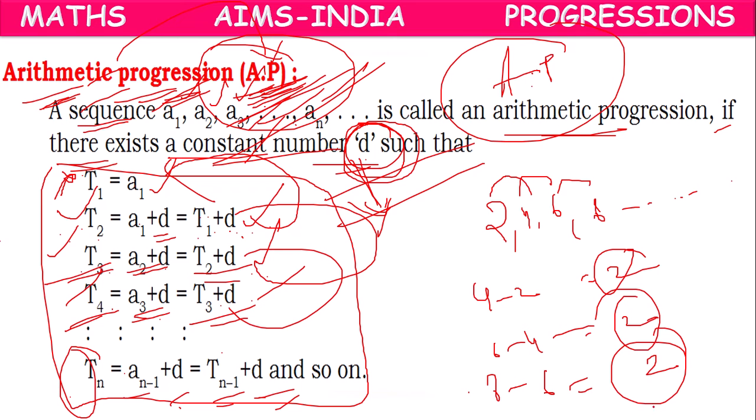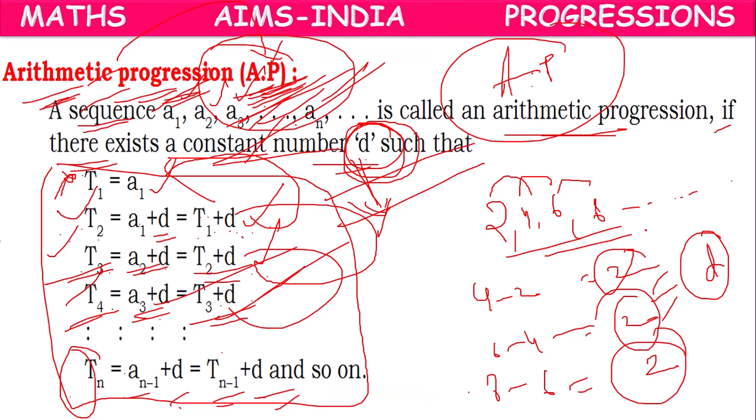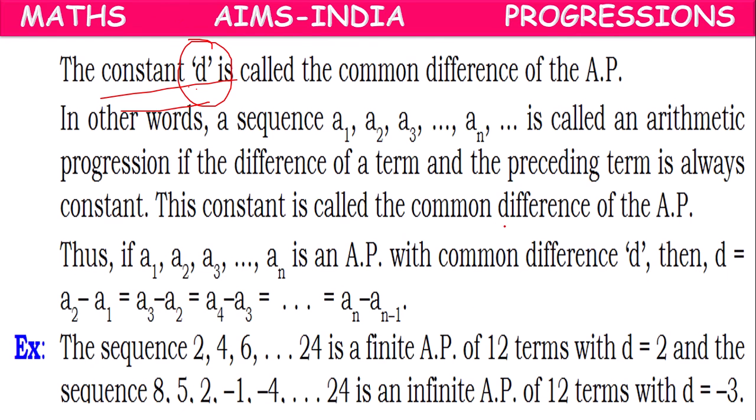This 2 is called the common difference, whose symbol is D. So this is an example of an arithmetic progression. The constant D, which we named the common difference, is called the common difference of the AP.